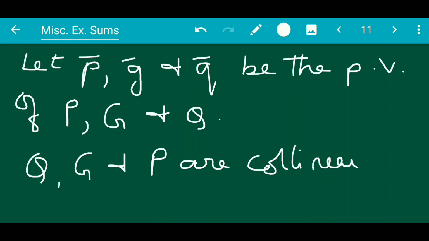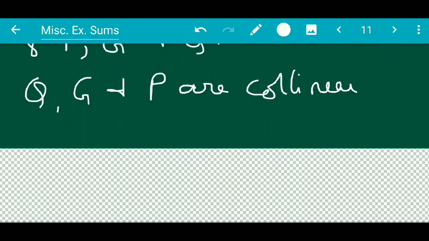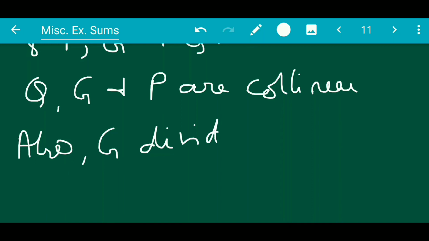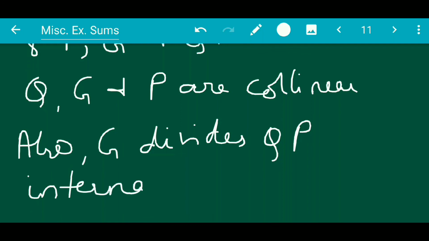That is the orthocenter, centroid and circumcenter, the three are collinear, and also G divides QP internally in the ratio 1:2.